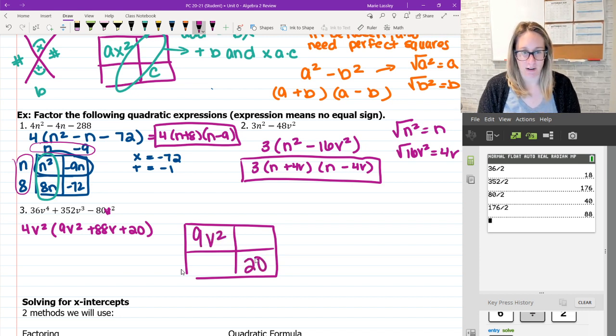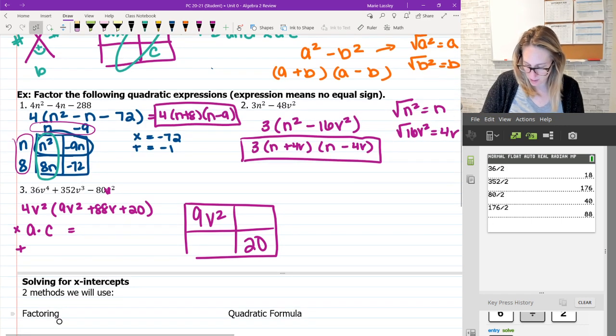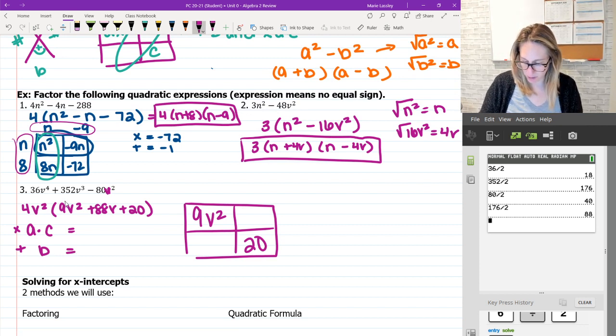So if you like the x, use the x. If you don't like the x, that's okay. But I need two numbers that multiply to equal a times c, and then add to make b. It is going to be a little bit guess and check. So first I need to multiply a times c, 9 times 20, that's 180.